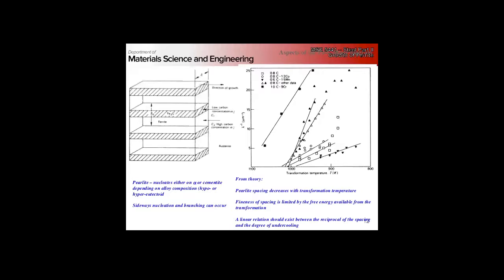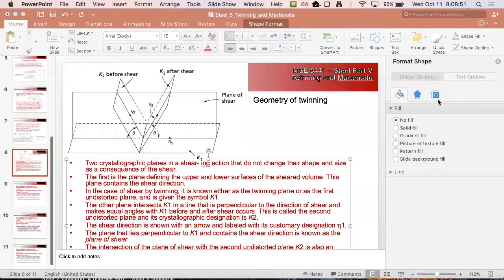It's probably the most important point in all of this pearlite section: what's going to determine the pearlite structure, because the structure of the pearlite is going to really influence the properties, right? The spacing is going to be directly related to the fracture toughness, to the hardening, the Hall-Petch type effects that we see. So just keep that point in mind.